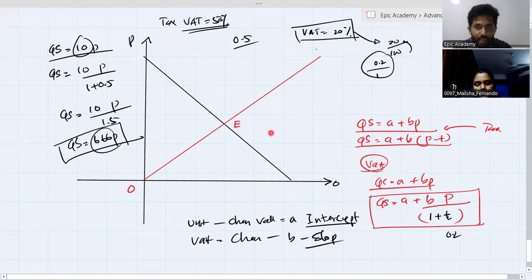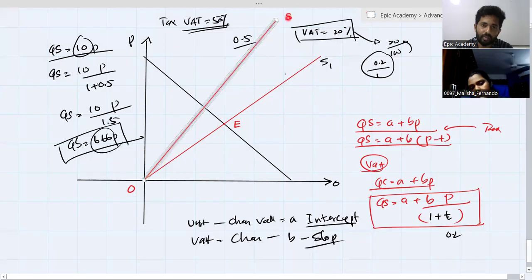How can you represent it? Something like this. It is very easy to identify. It starts from the same A value because there's no change in the A value. The intercept is similar and it becomes something like that. Okay.